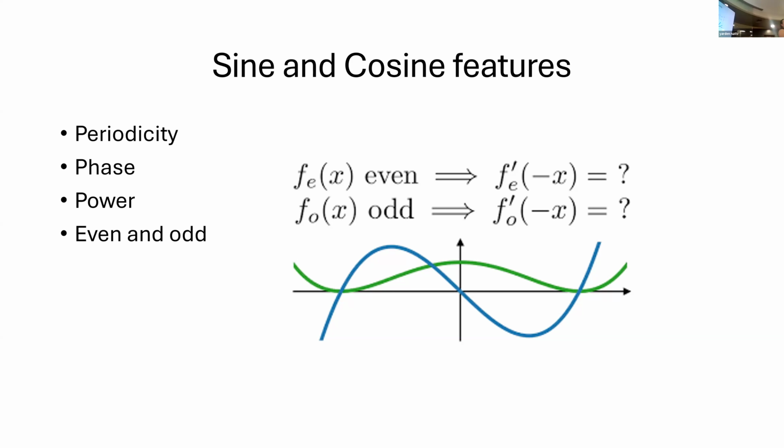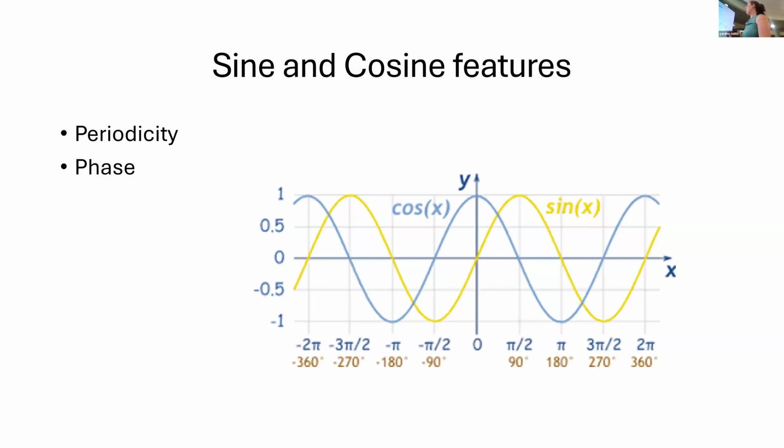And why is this important? Because look again at the sine and cosine function. Which one of them is the even one? The cosine, right. And which one of them is the odd? The sine. And why do I say something about that?